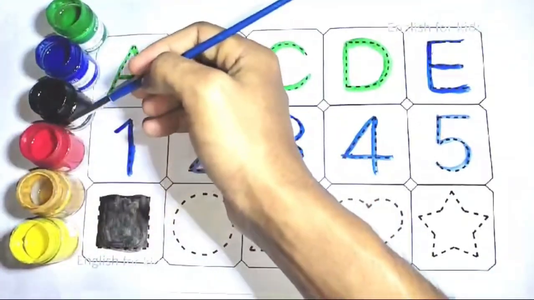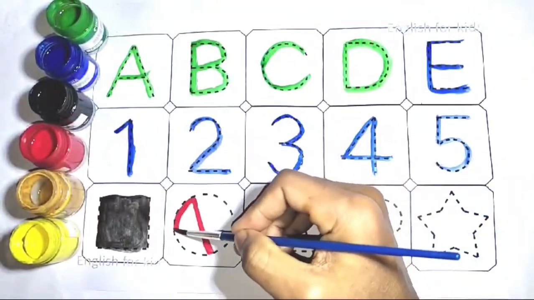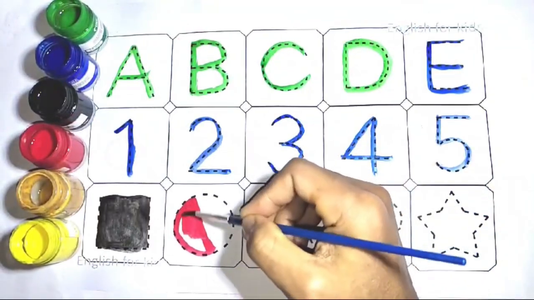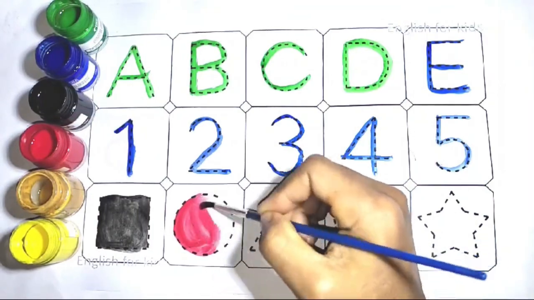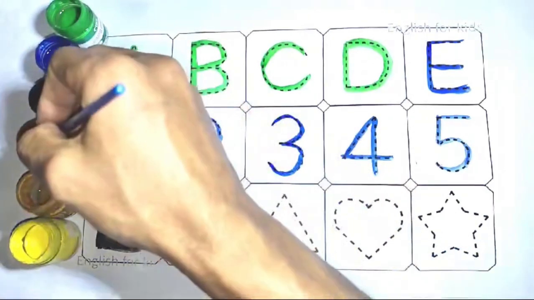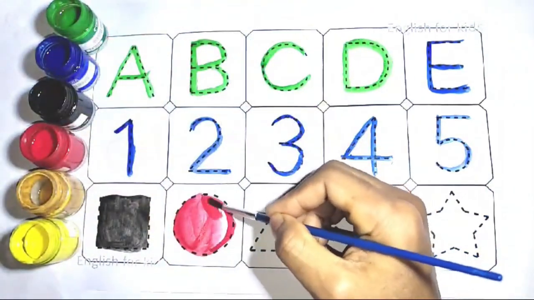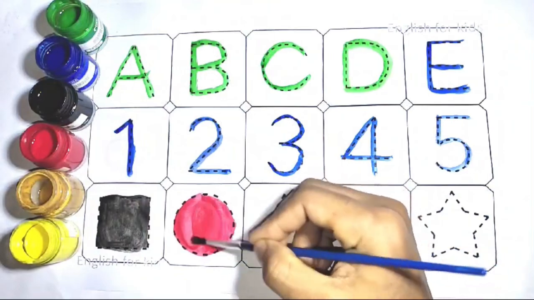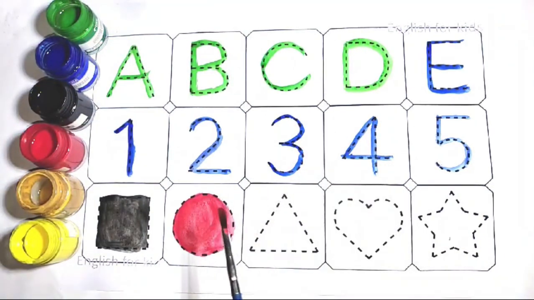Red color. The next one is triangle. Now we use yellow ochre color.